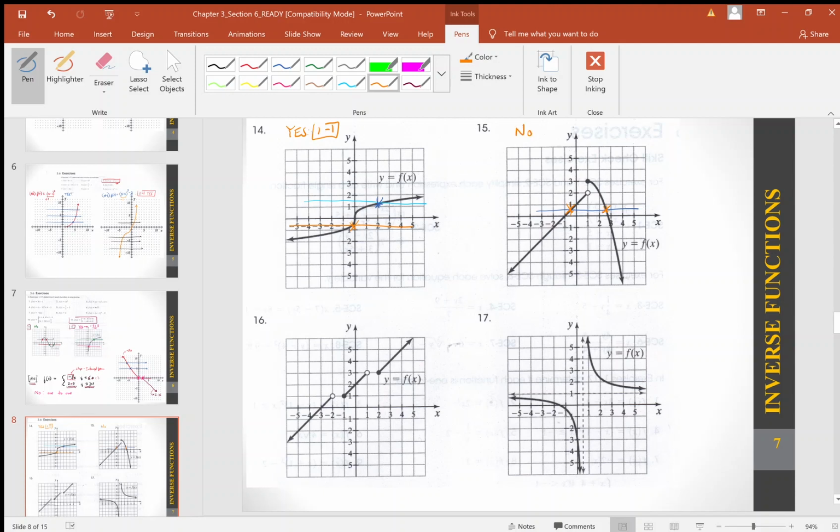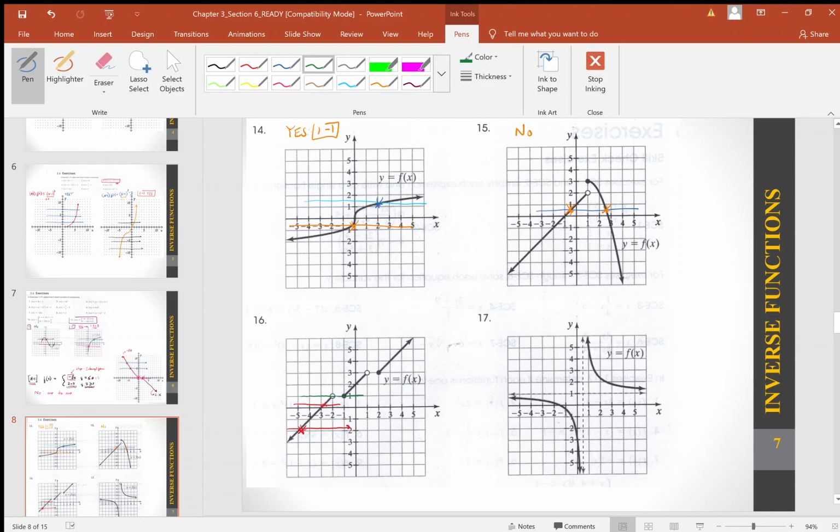Number 16, I have a piecewise function. The horizontal line only crosses one location on this graph, another location on this graph. Now when we get here, as you can see, this is open. When it's open, that point is not really considered on the graph, right?